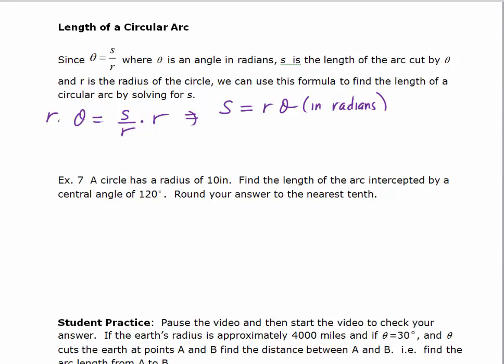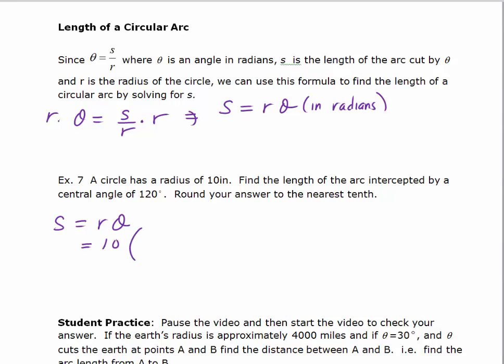So let's look at this problem here. A circle has a radius of 10 inches. Find the length of the arc intercepted by the central angle of 120 degrees and round your answer to the nearest tenth. So I would start off by saying S equals r theta, and in this case S equals my radius, which is 10 inches, times theta.